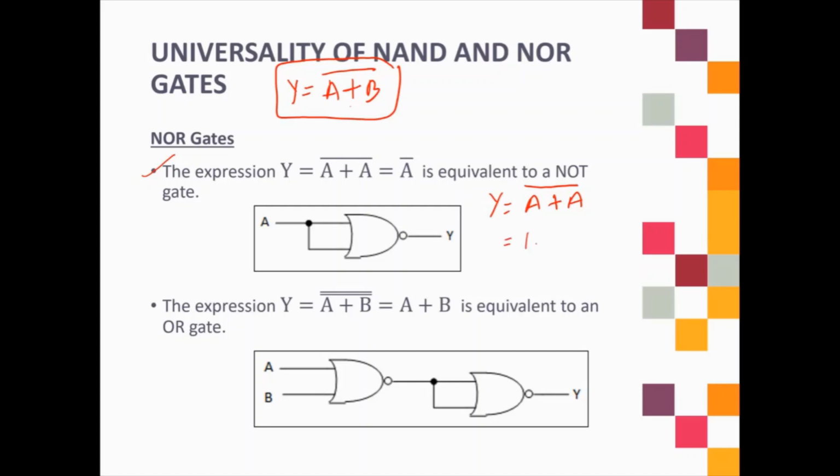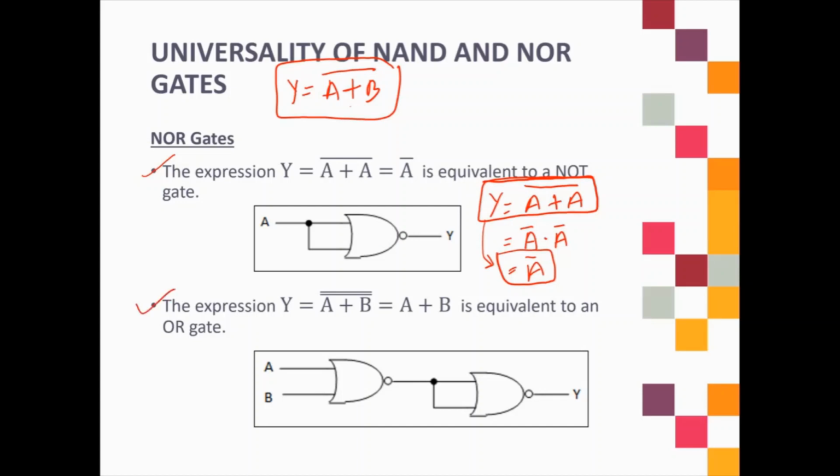We prove this one, you will get A bar dot A bar, which means I use De Morgan for proving. So you will get A bar. So by drawing this equation, you are representing these equations. So this is how you draw NOT by using NOR.